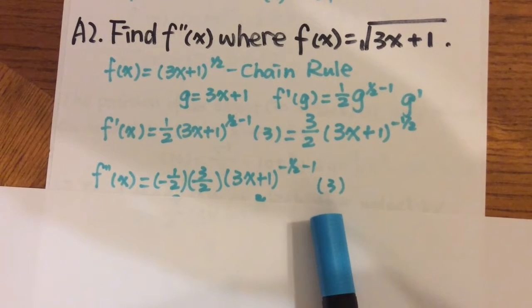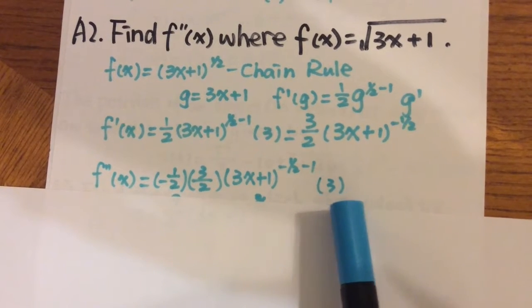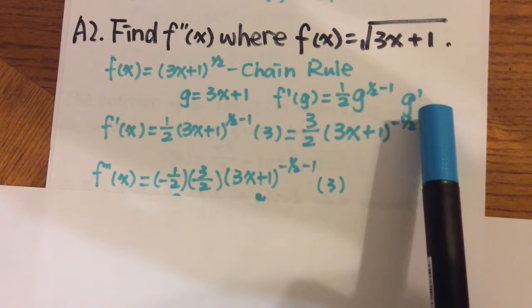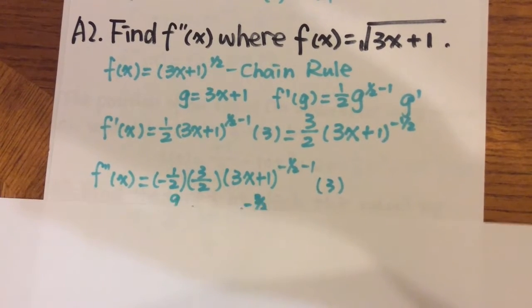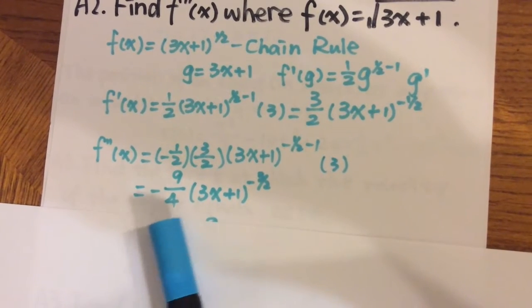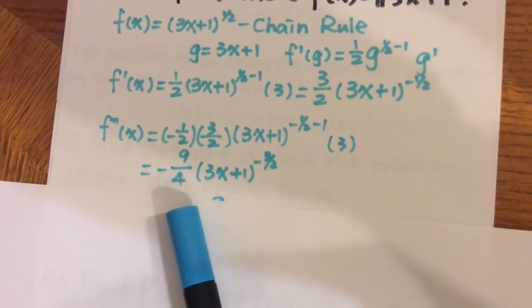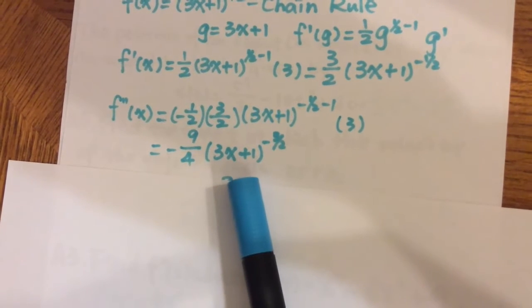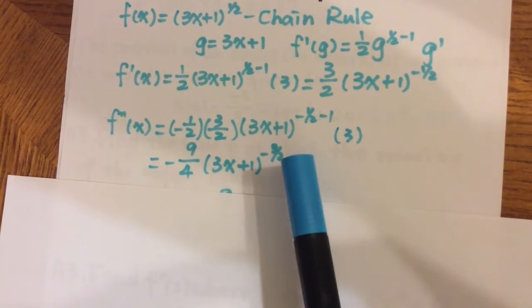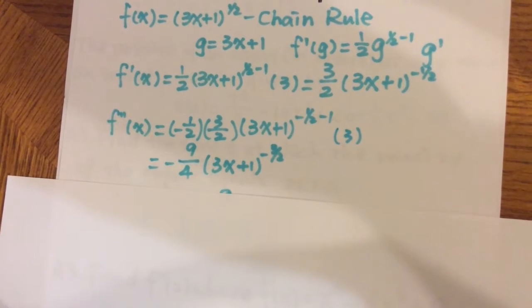This time we also use the chain rule again, so finally we multiply by 3, because g prime is 3. So finally we got minus 9 over 4 times 3x plus 1 to the power of negative 3 over 2.